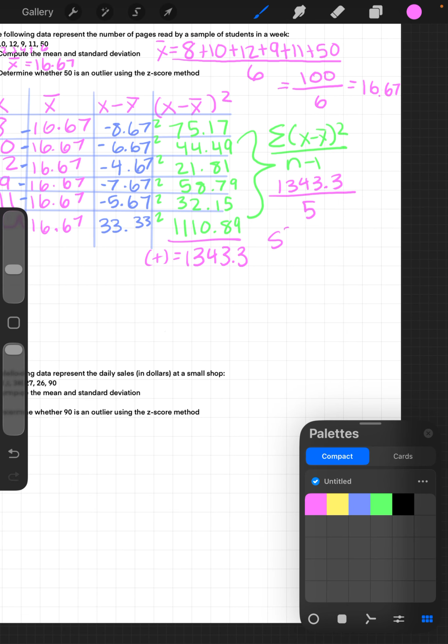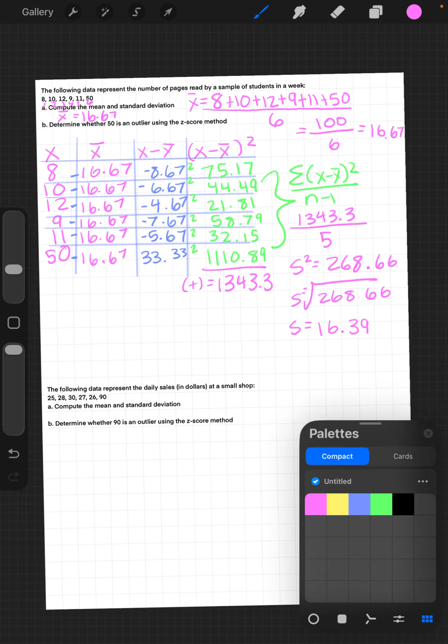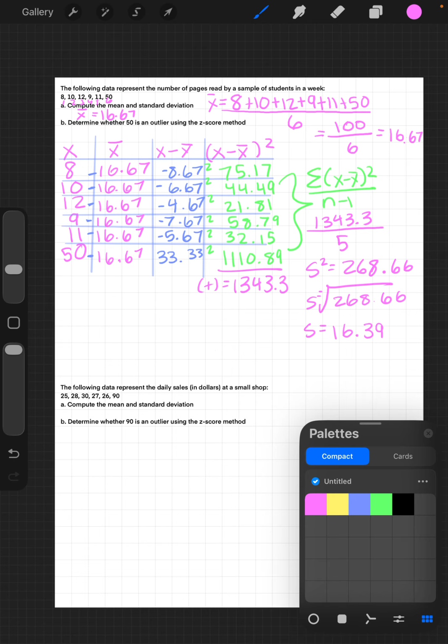So our variance is equal to 68.66. And our standard deviation is going to be the square root of this. So S is equal to 16.39. And that's how you would get the standard deviation.